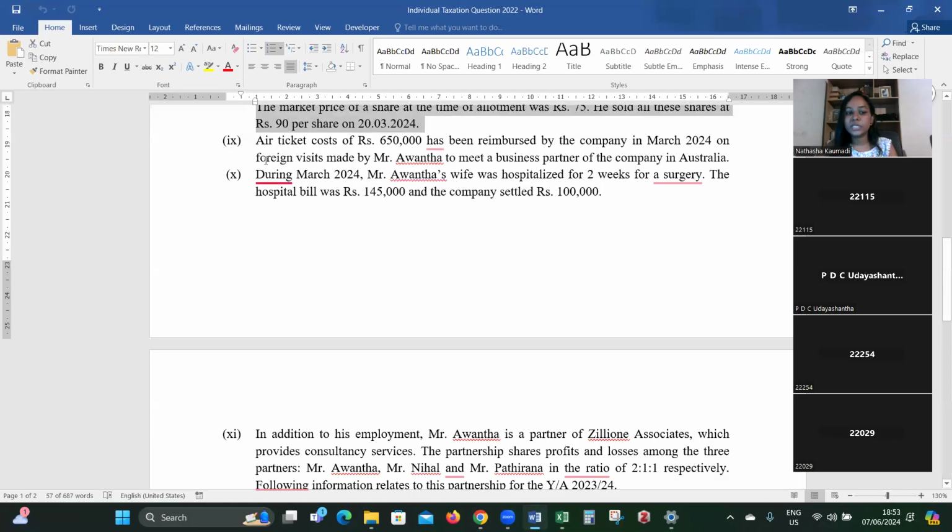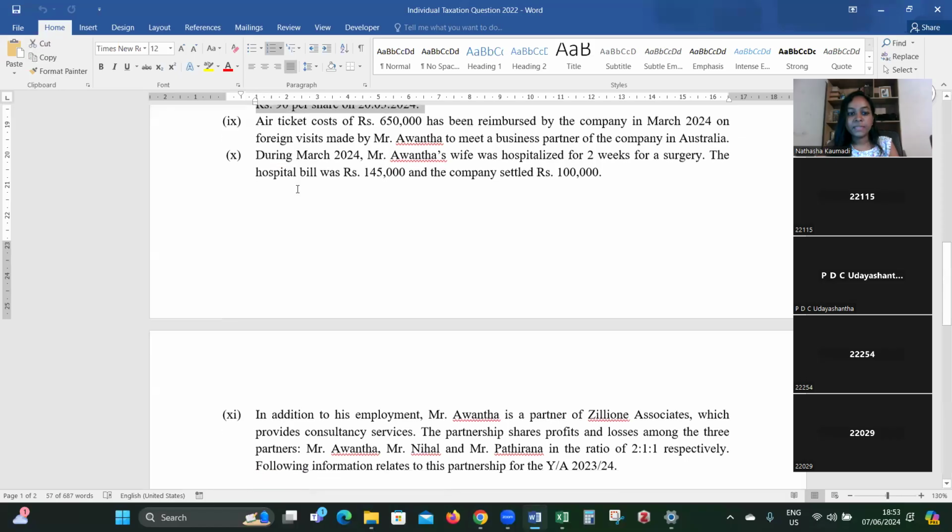We'll see how to adjust that as well. And then during March 2024, Mr. Avantha's wife was hospitalized for 2 weeks for a surgery. The hospital bill was 145,000 and the company settled 100,000. So out of 145, the company has settled 100,000.